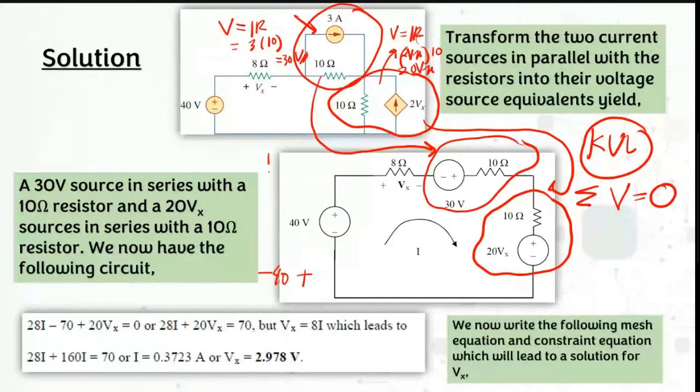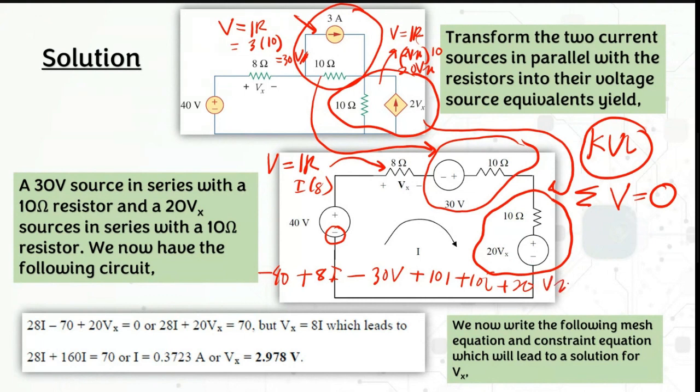Negative 40, and V equal to IR. For this part, obviously it is going to be I times 8, so here you will have 8I, plus, just follow the sign here, plus 8I, minus 30 volts, plus 10I, plus 10I, plus 20Vx, here 20Vx.